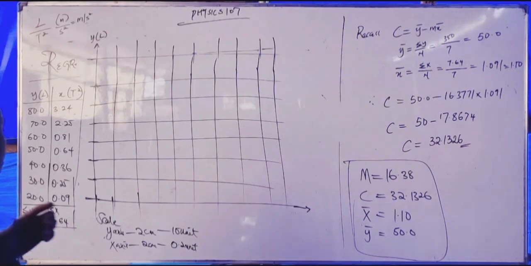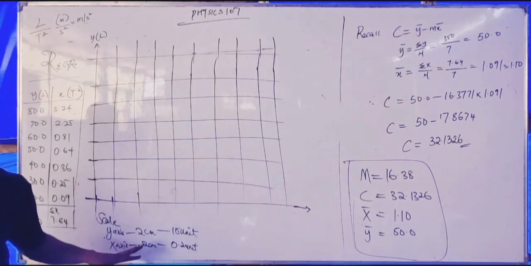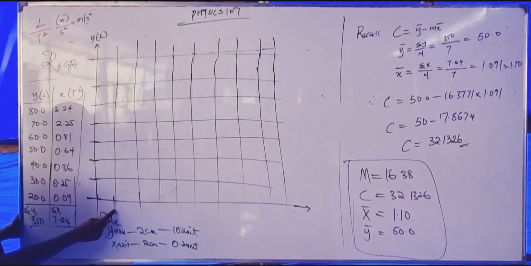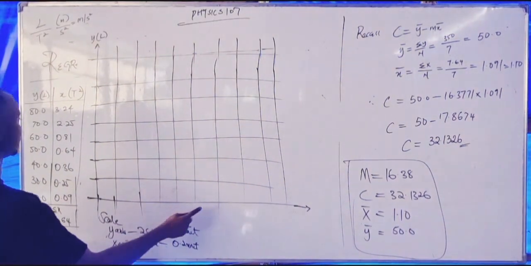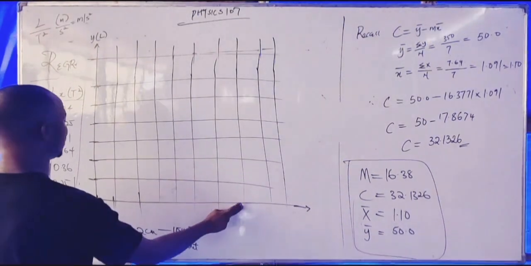Alright, so now let's plot the graph. Listen, the scale was given. Of course you can change it, but they gave us this scale. We use 0.2, 0.4, 0.6, 0.8, 1, 1.2, 1 point what?